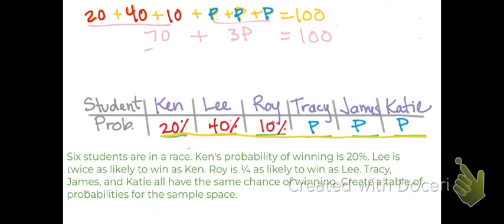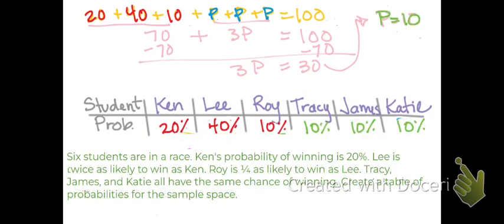And then I'm going to subtract 70 from both sides. And I get 3p equals 30. And then when I divide both sides by 3, I get p equals 10. So the probability of Tracy, James, and Katie winning is 10% each. And if you would like to check them, you can add all of these percents together, and indeed it adds up to 100%.